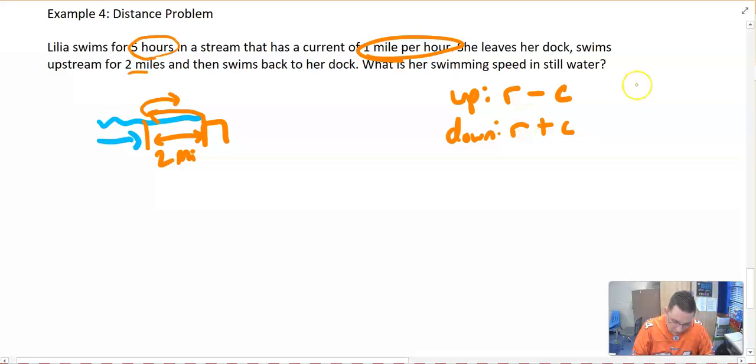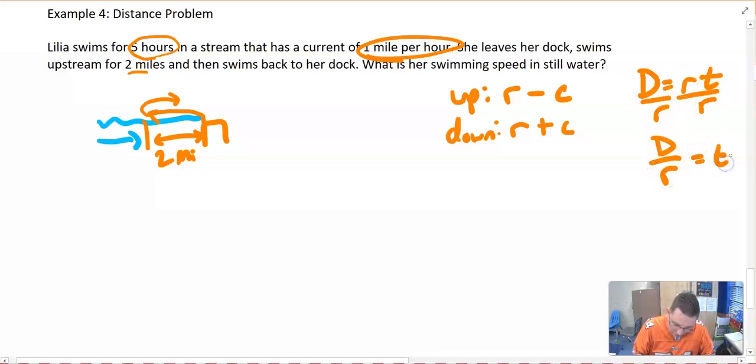Now, we need to remember that distance is equal to rate times time. In this problem, we know the distance and we know the rate, and it's going to be equal to how long this takes. So we divide by r on both sides and get d over r is equal to t. Because we know the total time, when we write this out, we take the part that goes upstream plus the part that goes downstream, and that's going to be our total of 5 hours.